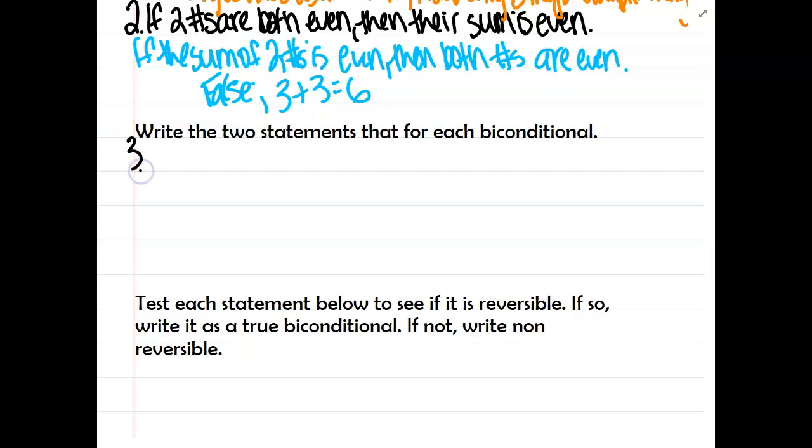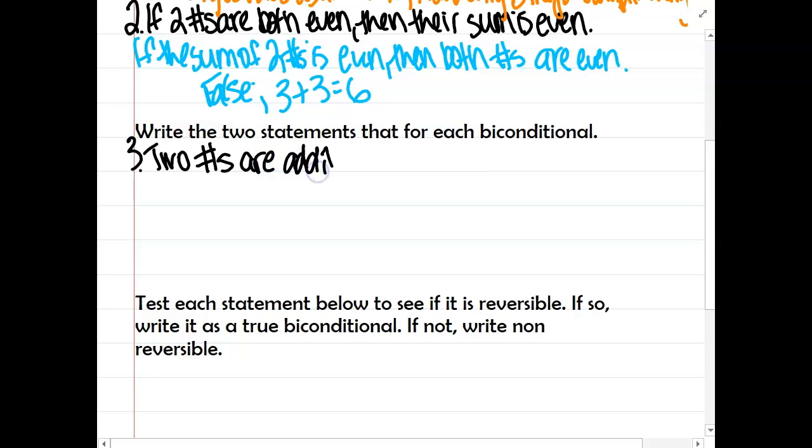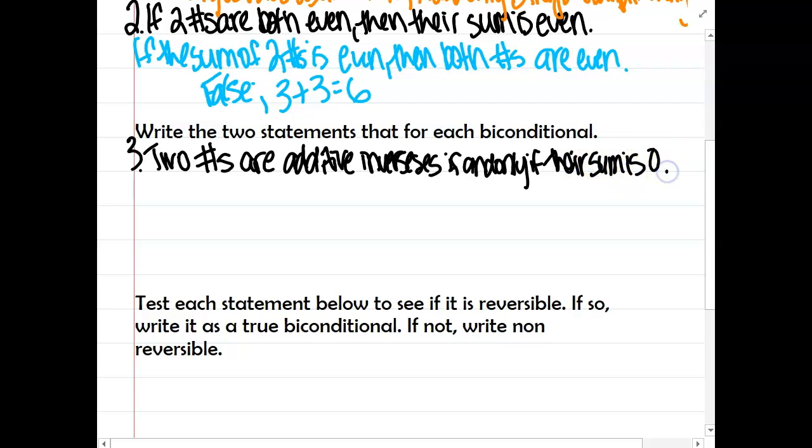So number 3 says, two numbers are additive inverses if and only if their sum is 0.